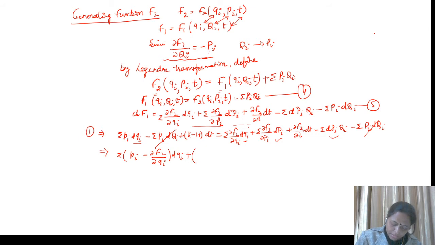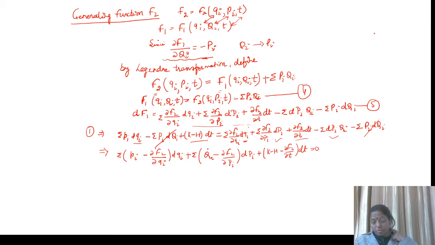You write summation of Qi minus delta f2 by delta Pi, dPi. Yes, this one and this one, and then this one and this one. So it is K minus H minus delta f2 by delta t, dt is 0. Now this will be possible only when these coefficients are 0 for every i.